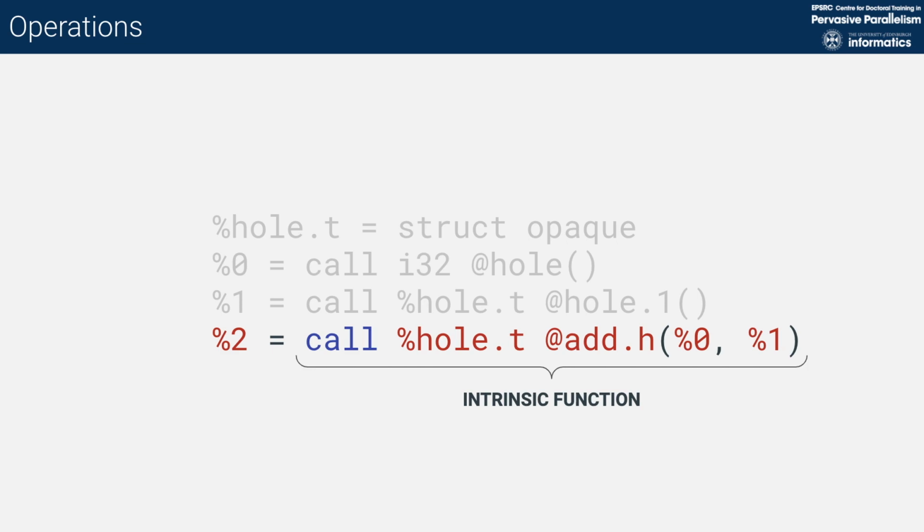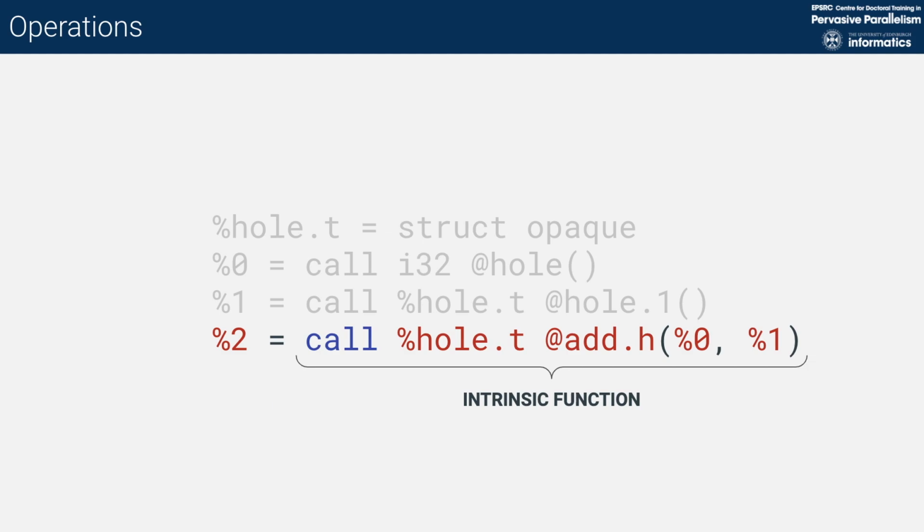The solution we propose to this is to use intrinsic functions to mimic the behavior of LLVM instructions. For example, instead of adding an add instruction to the program, here we make a call to the add intrinsic function that produces a value of unknown type, taking as arguments an I32 and a value of unknown type.